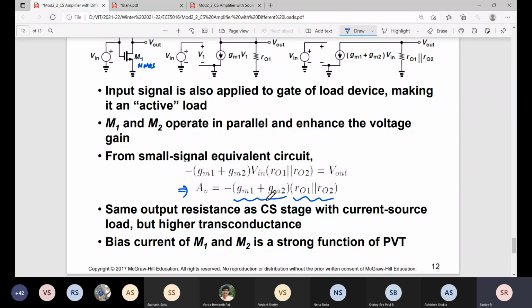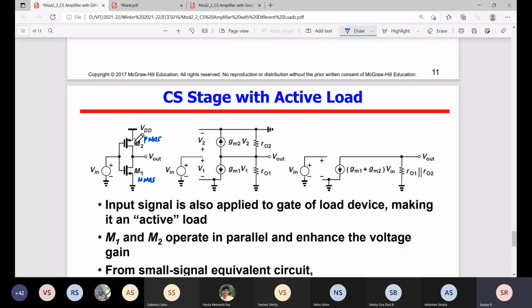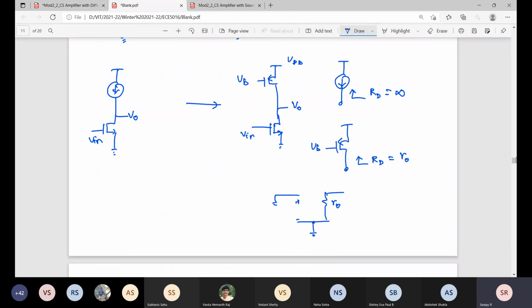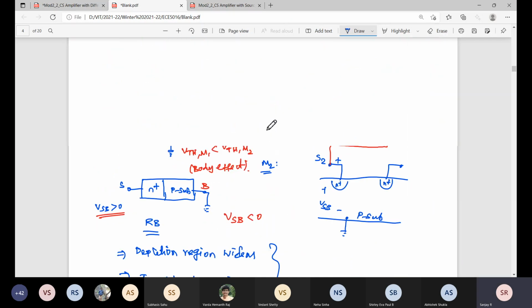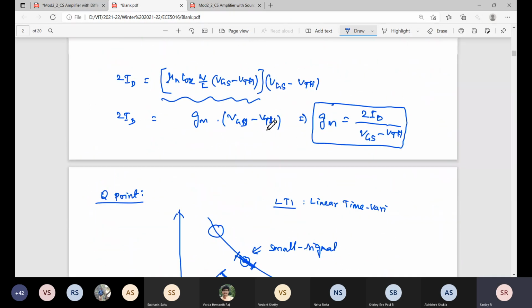Yes, sir. Okay. What is the operating region of each transistor? Saturation. You remember, in the first class I discussed the inverter.